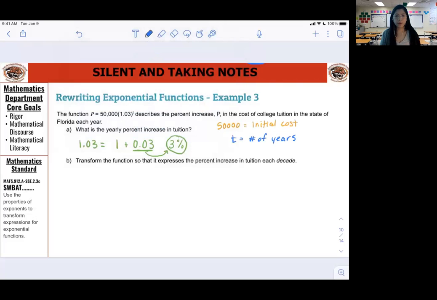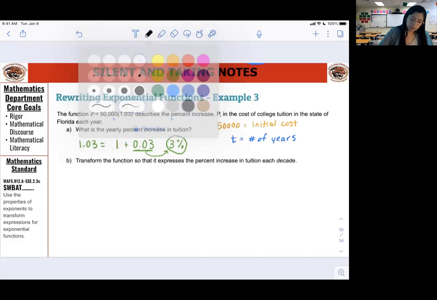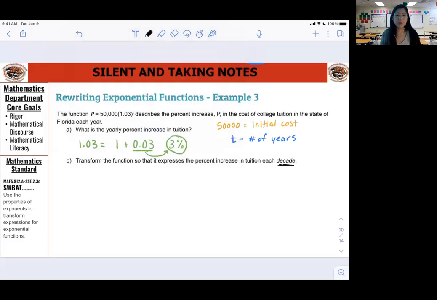Now we're going to transform the function so that it expresses the percent increase in tuition each decade. So what do we expect? Is the percentage going to be much larger or much smaller? Larger. Good, because 3% is the percentage each year. So if I go up to decades, I expect that percentage to be a lot larger because I'm going from years to decades now.